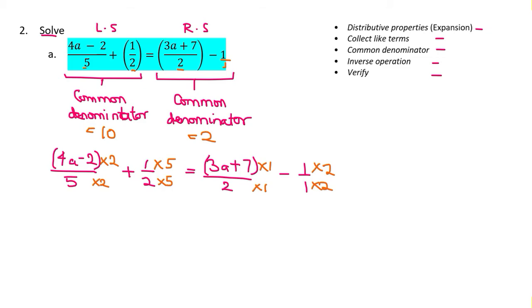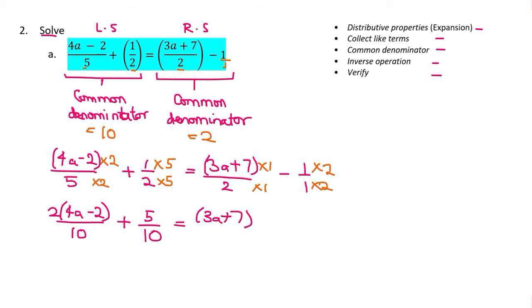So on the left side we have our common denominator, which is 10. The first fraction is 5 times 2 for the denominator, which is equal to 10, and here we have 2 times what is inside the bracket, 4a minus 2, added to 1 times 5 gives us 5, over 2 times 5 gives us 10, and this is equal to 3a plus 7.